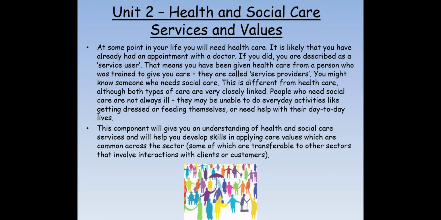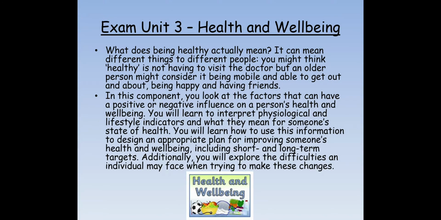Now, in the third unit, this is the exam, and we go back over all of the stuff that we have done beforehand, but this time we would look more into illness. We would look at what we have as a positive or a negative influence on our health. So we would look into smoking, drugs and alcohol.